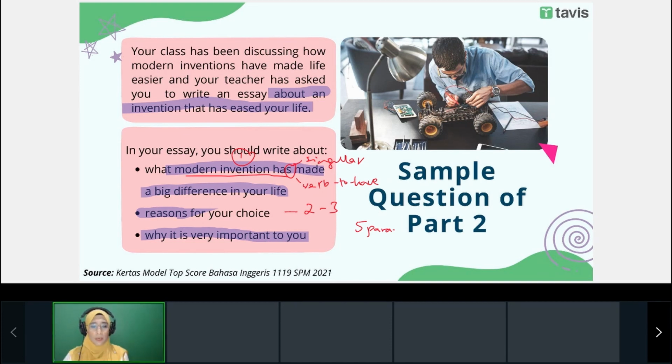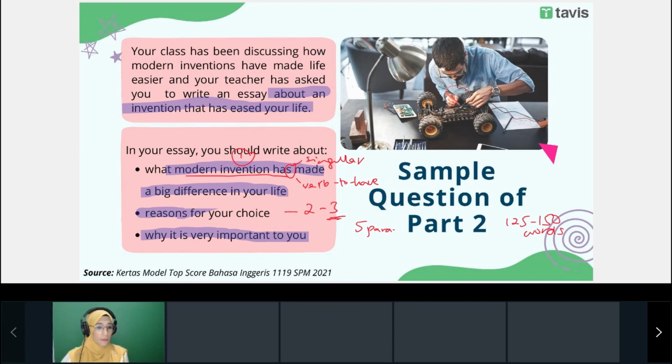In this case, you have to write between 125 to 150 words only. So try and keep it simple and sweet. If you plan to write 5 paragraphs, then you need to supply 3 reasons.